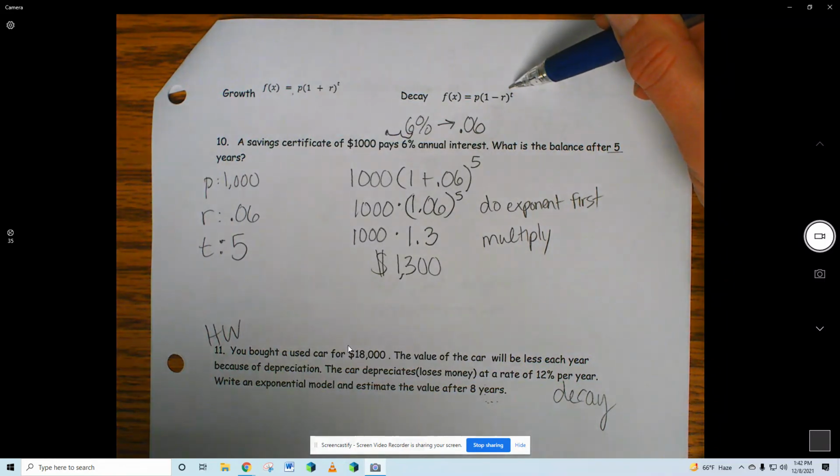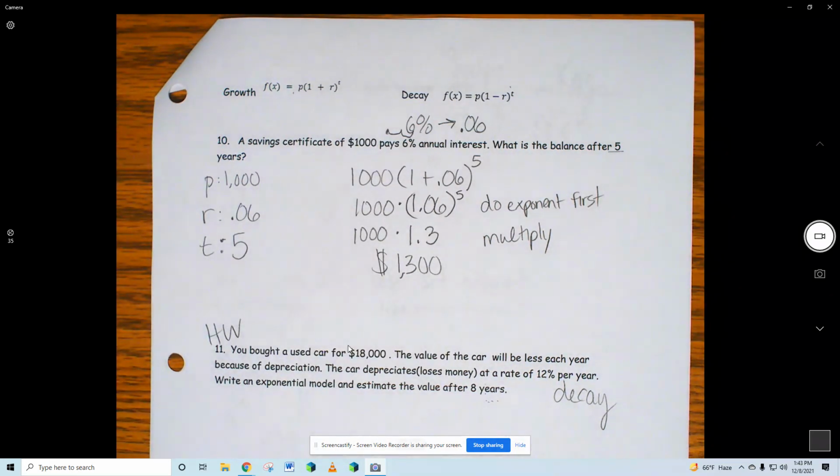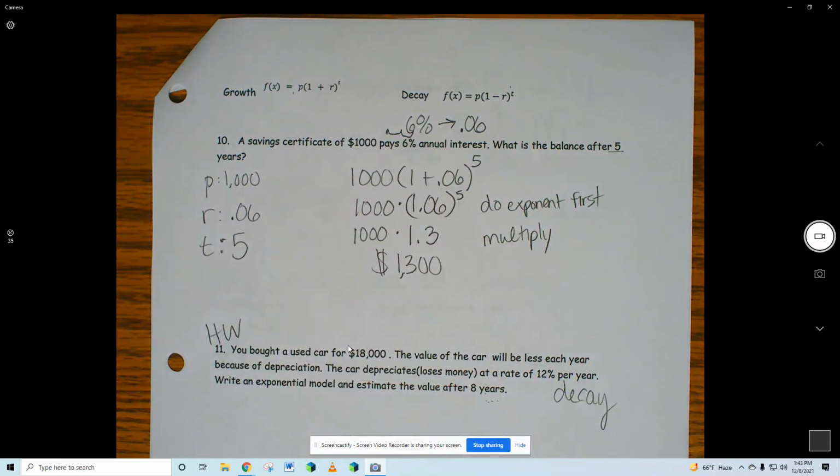You have to use the P, what I started with, my interest rate, my time, and there's a subtraction sign in the middle, because I am losing money every year that goes by. Cars do not grow in value unless they're classic or collector items. So it's a decay problem, and you'll do 11 for homework.